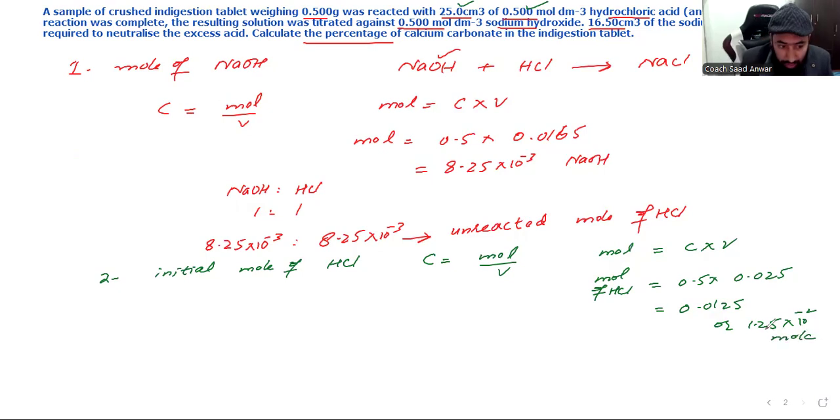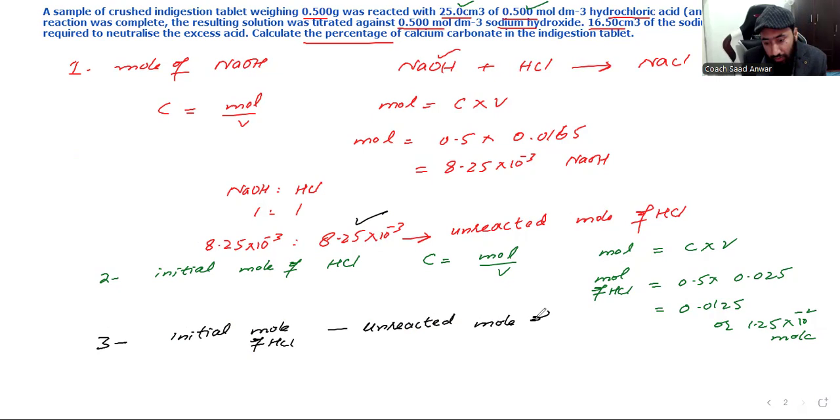This is the initial moles. The third step is to subtract the unreacted moles of HCl from the initial moles. So third step, initial moles of HCl minus unreacted moles of HCl.